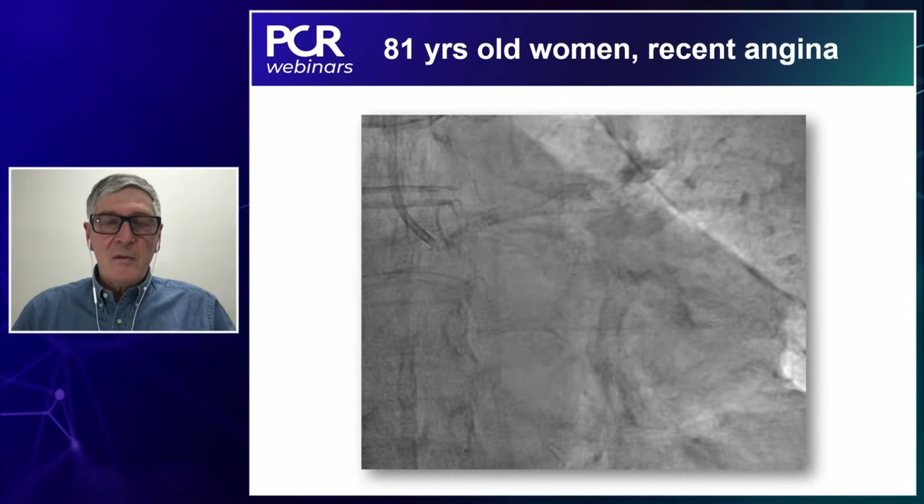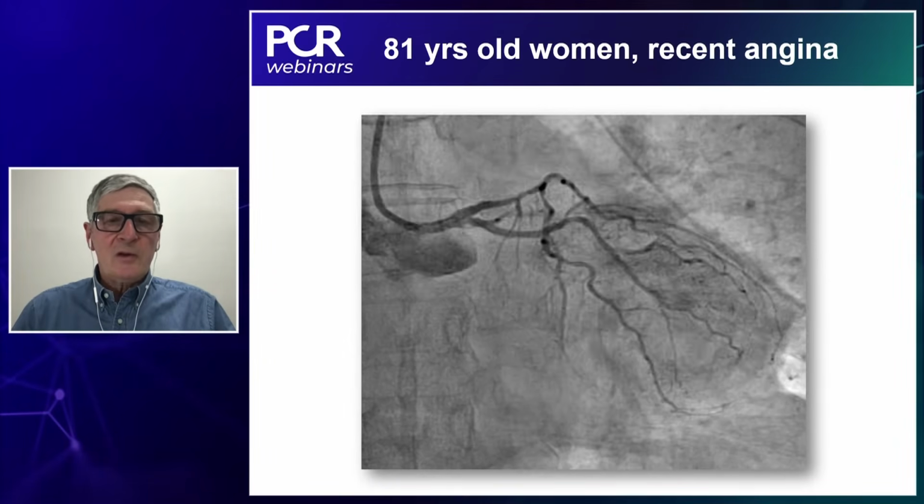Can you hear me? Because I have a problem with the line. The question for Dr. Islam was concerning the use of a two-stent technique immediately, particularly DK crush, in order to prevent this complication.